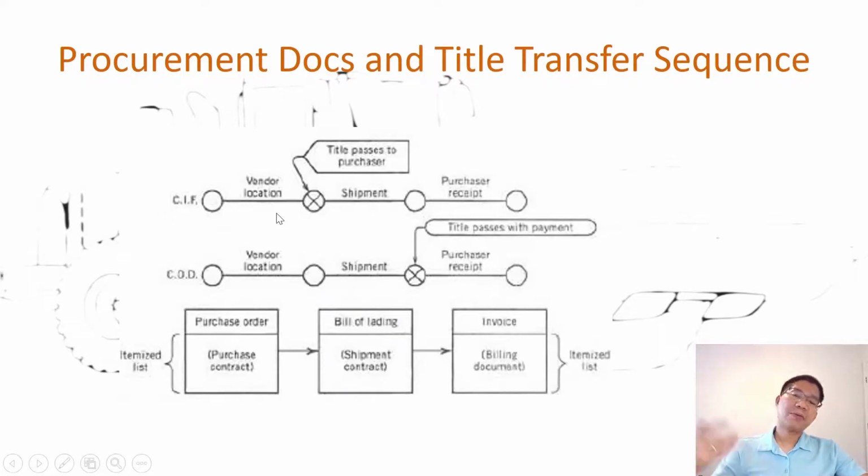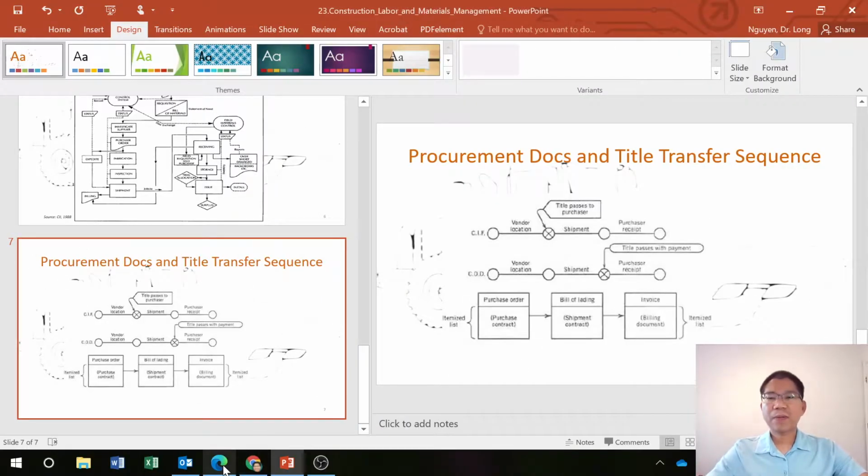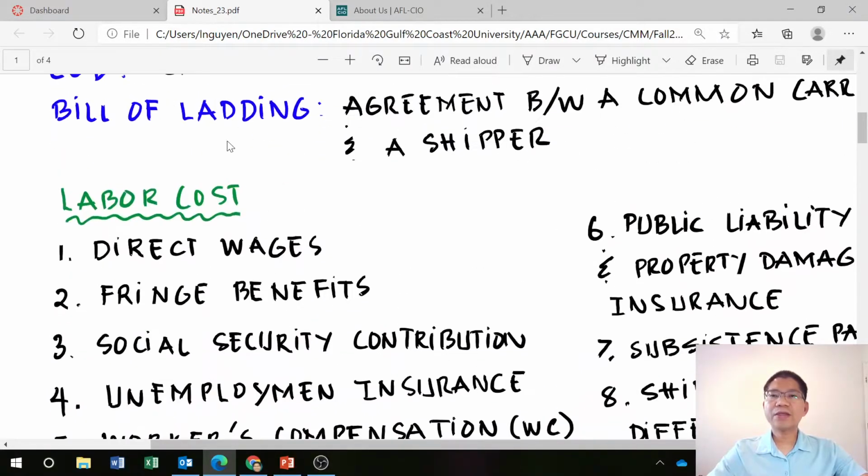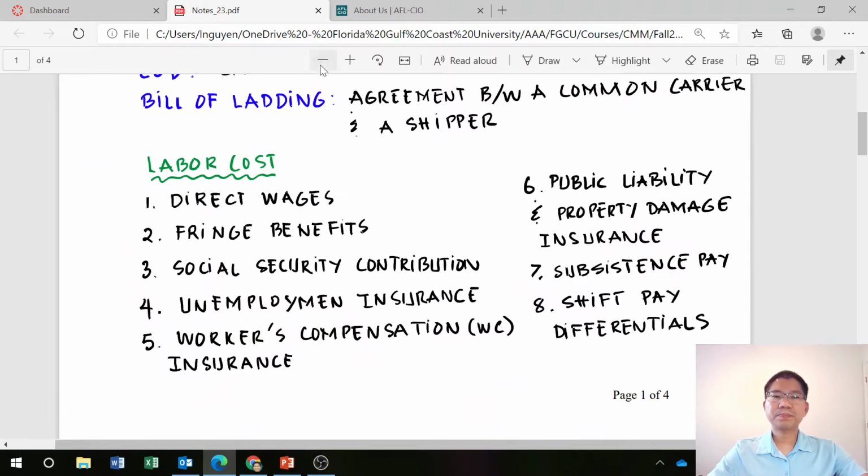So with that, we move to problem 1 to determine the average hourly cost of time of a worker. Before we get there, I just want to go back here to see what labor costs are included. Basically 8 items.